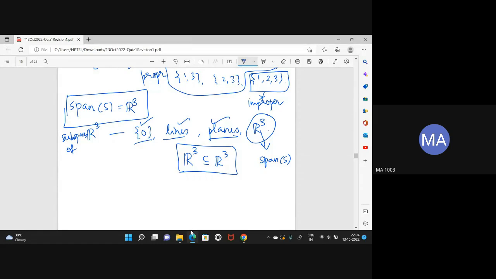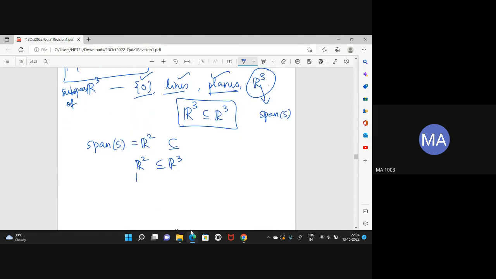Is R2 a proper subspace of what? What is the bigger vector space? R3. You cannot talk about R2 being a subset of R3, because R2 elements have only two components and here you have three components. This is not a subset of this.